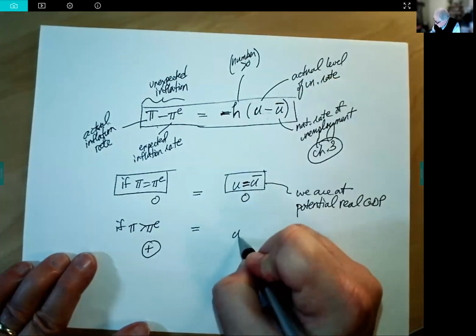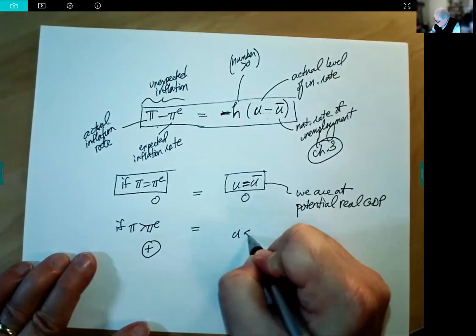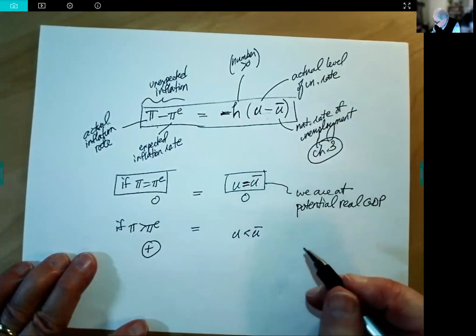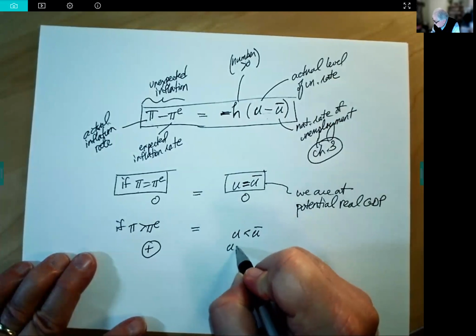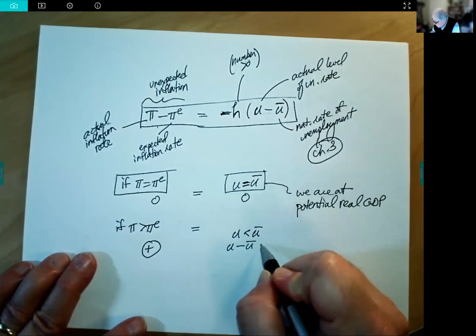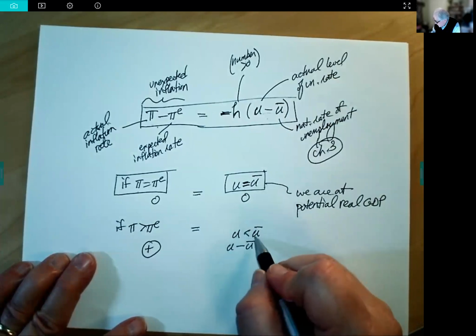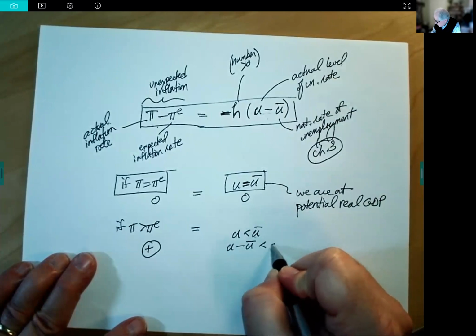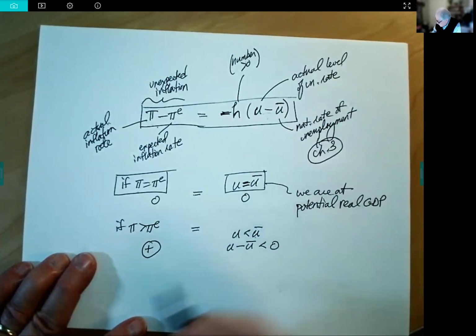That means that the U, the actual level of unemployment, has to be less than the full employment level of unemployment, or U minus U bar. If that's less than that, then this is going to be less than 0.